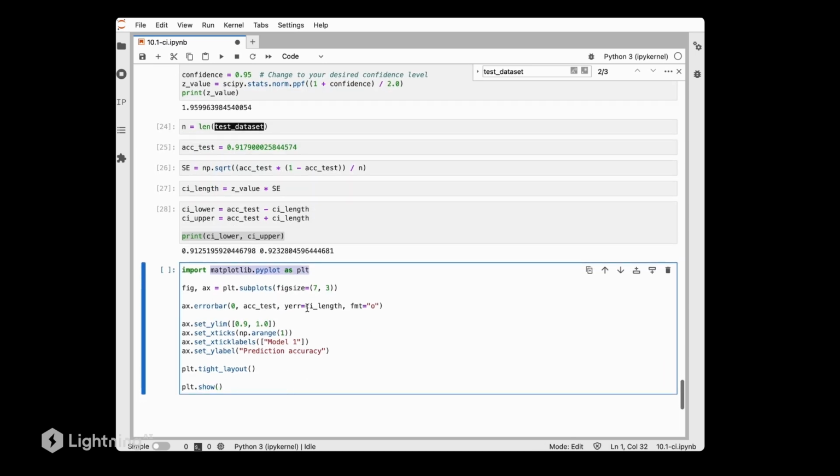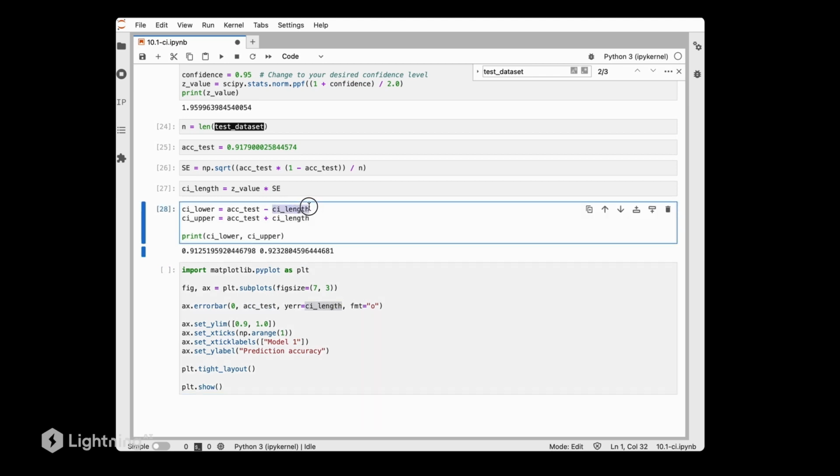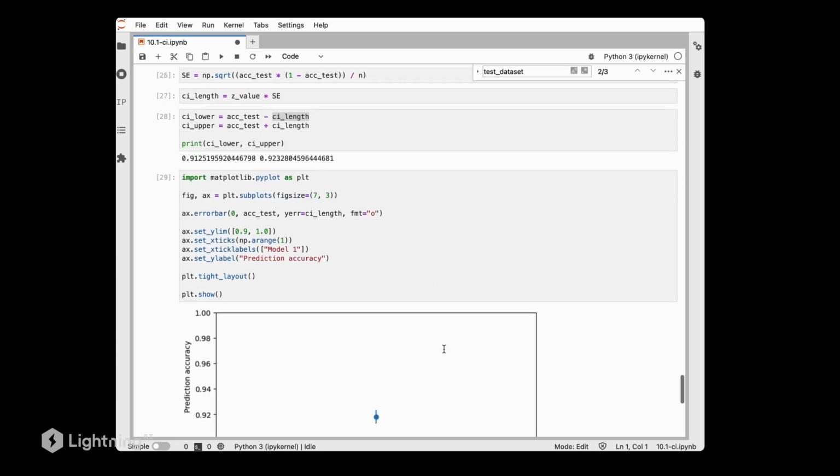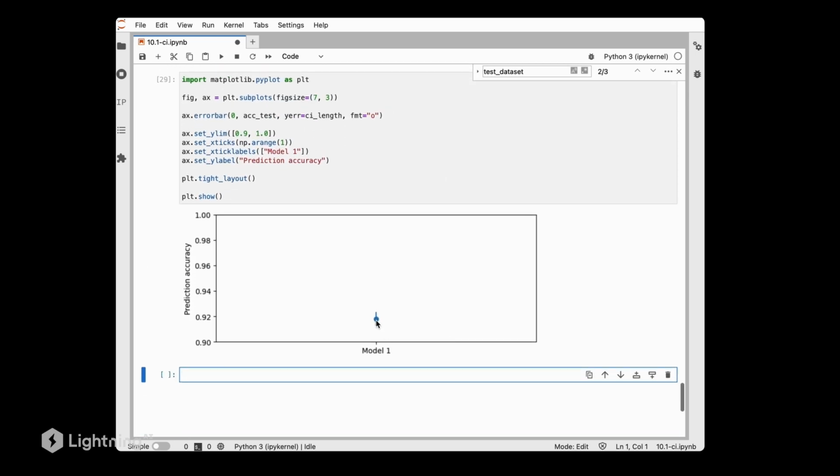We use matplotlib, create a new figure, and then use this error bar plotting function where we provide the test set accuracy and the confidence interval length, which is essentially doing what we have done here manually. This is just the annotation for the plot, and this will plot the confidence interval, where this is our accuracy value at 91.7%, and then we can see the lower and upper confidence interval.